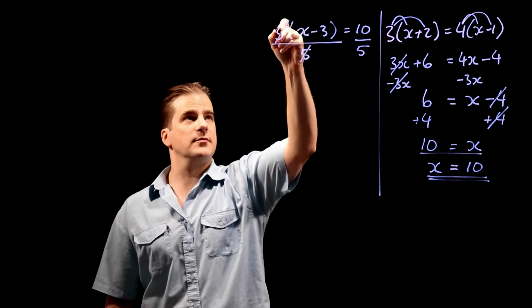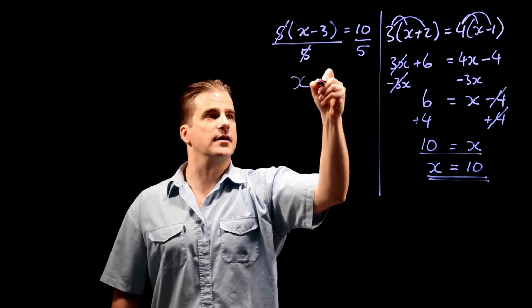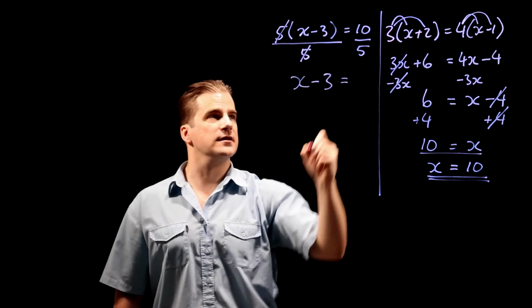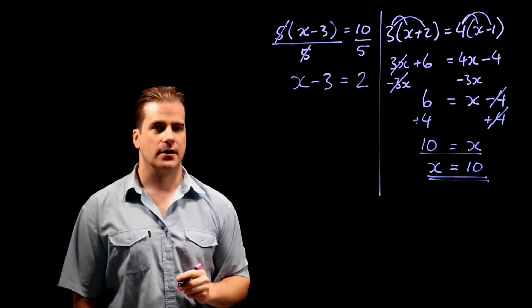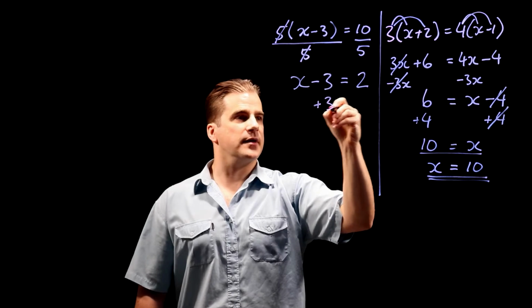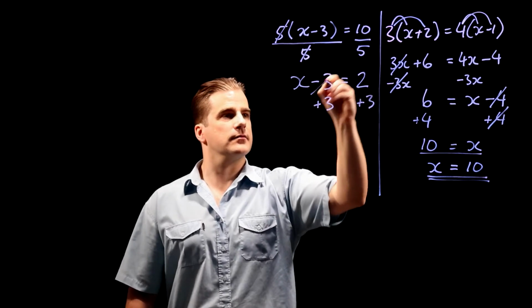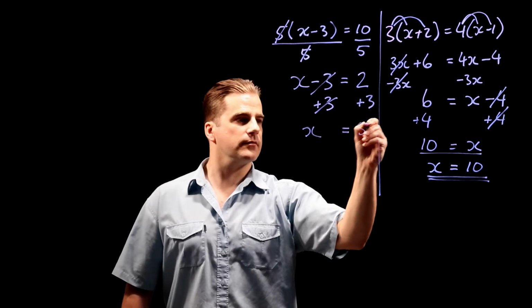X minus 3 times 5 divided by 5, 5's cancel. You're left with just x minus 3 equals 10 divided by 5 is 2. Okay? Add 3 to both sides and we get the answer. X equals 5.